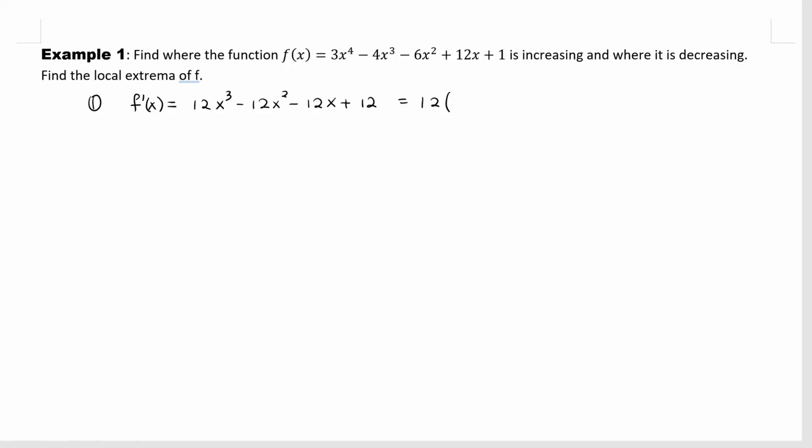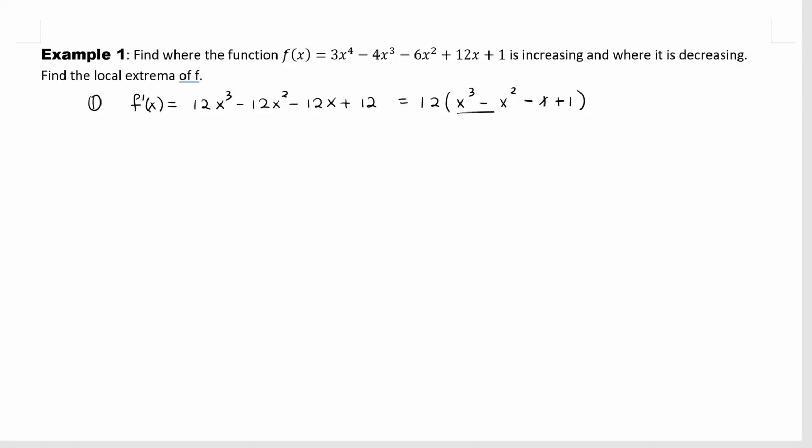Let me see. So here we have x cubed minus x squared minus x plus 1. Right? All right, let's continue. So when we have 4 terms, how do we factor it?